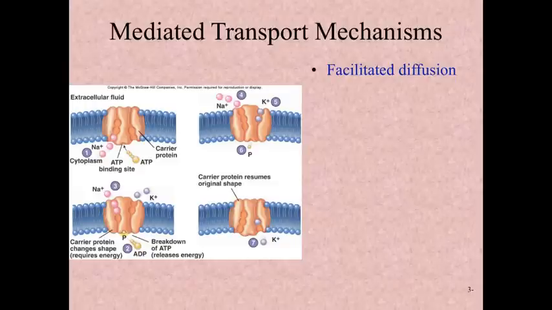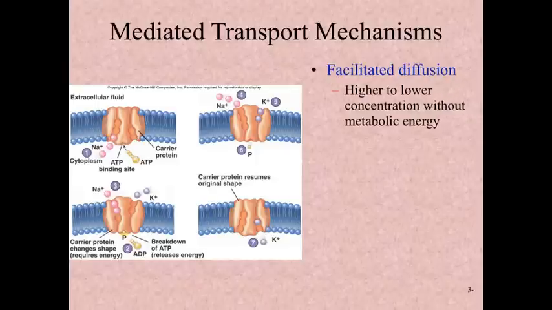And then we talked about different mediated transport mechanisms, including facilitated diffusion, where a carrier protein is going to be involved in helping substances move across the membrane from an area of higher concentration to an area of lower concentration.